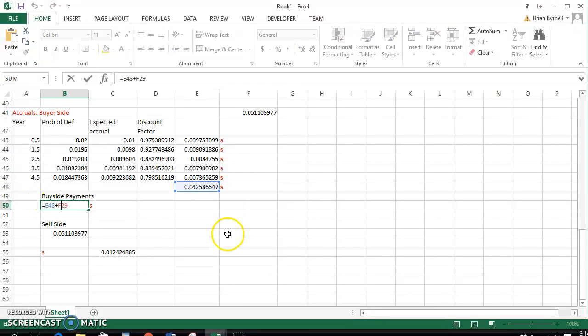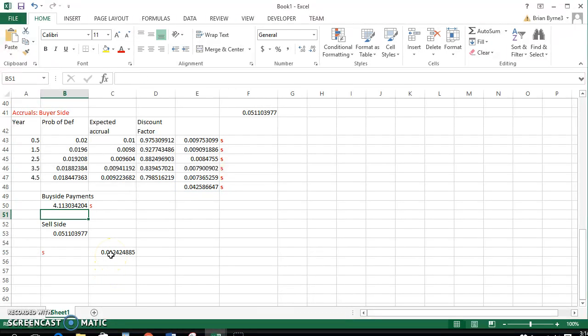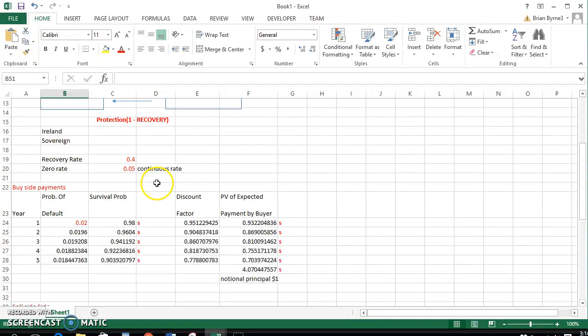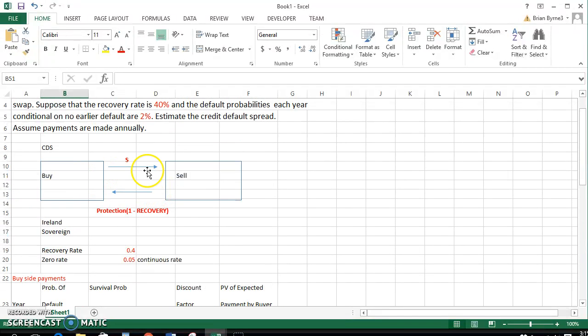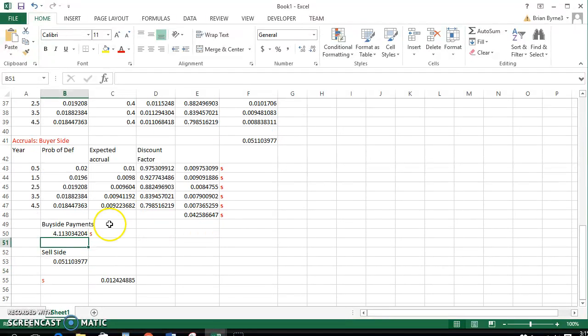And adding those two figures together gives us 4.11S. So if you like, the buyer commits to pay 5S, but when adjusted for present value and survivorship, that translates into only a payment really of 4.11S.